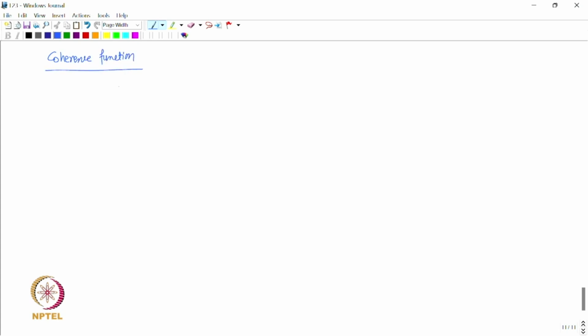Okay. So, the quality of the measured FRF can be assessed using the coherence function.